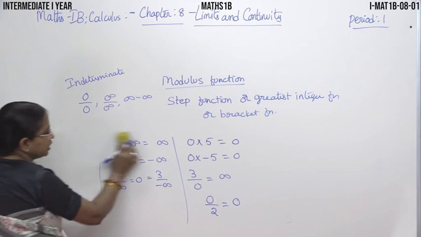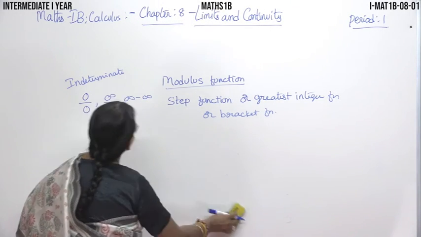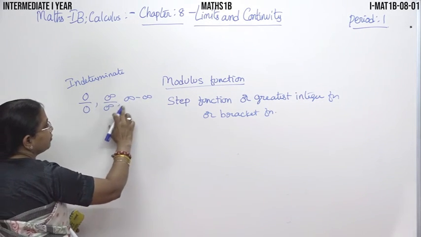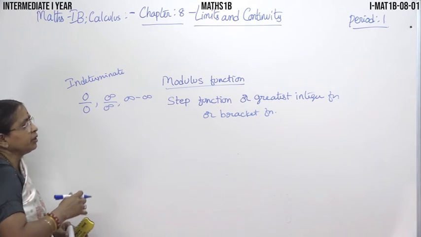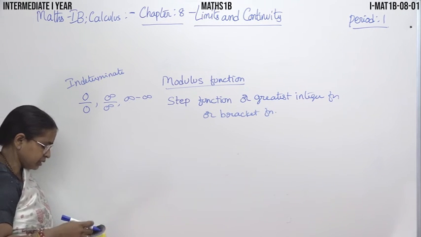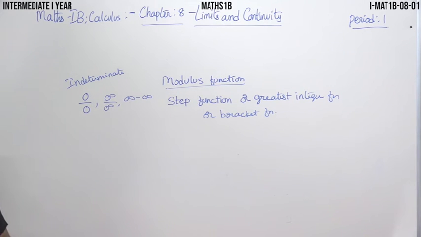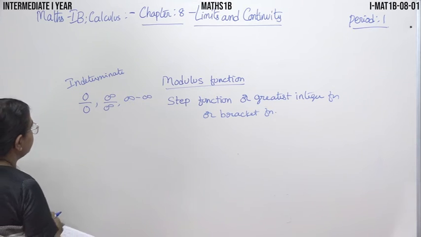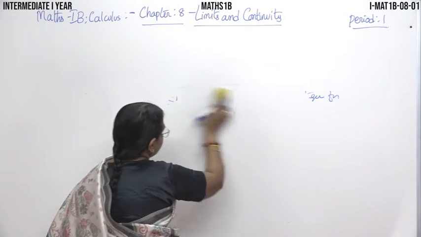So in general, these are indeterminate forms: 0 by 0, infinity by infinity. There are many more forms, but you'll come across these indeterminate forms in the limits chapter. Next, we'll define limits. What have we studied so far?